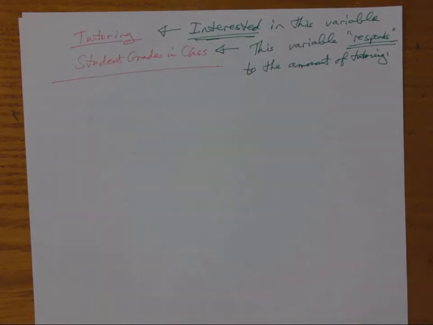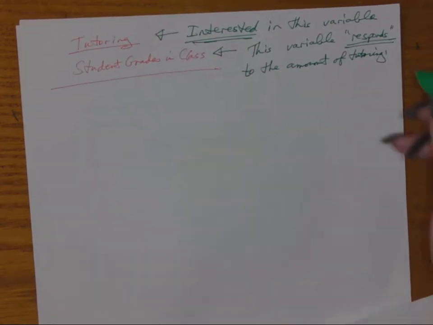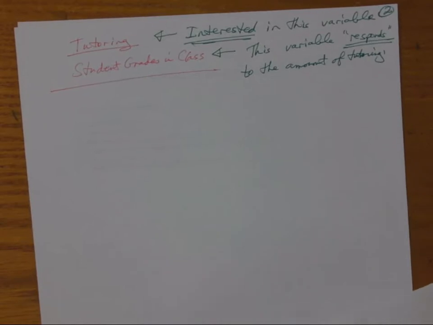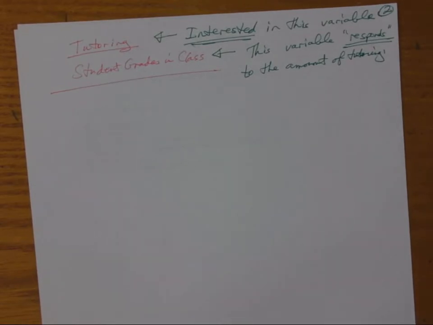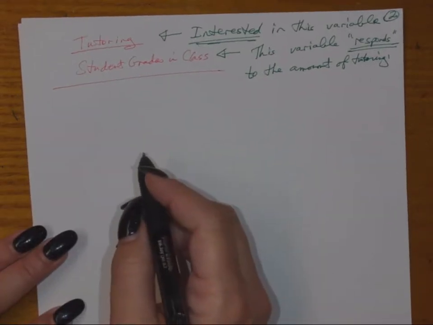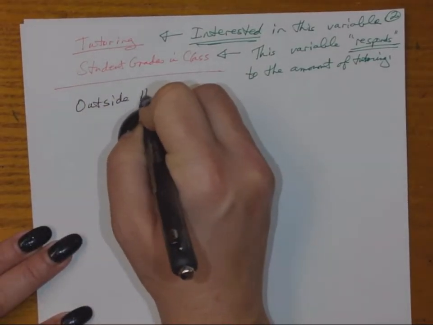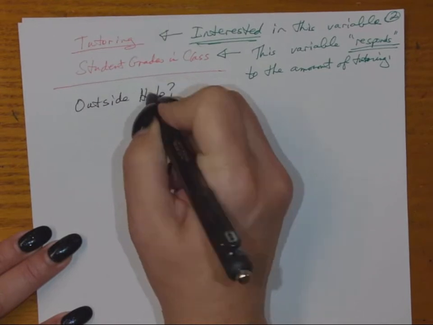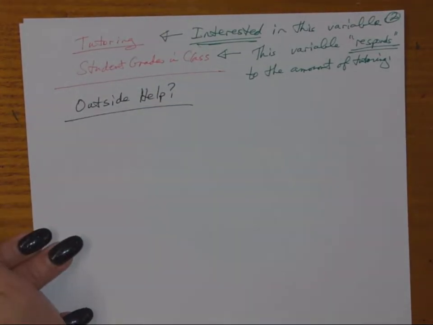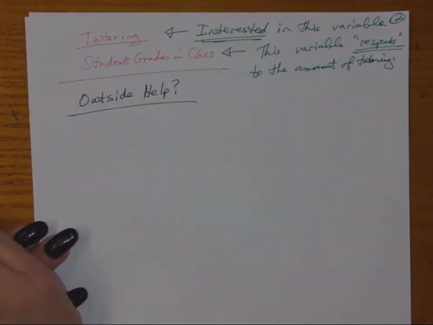So, but there's a couple of other things that might be happening in here that, oh, maybe we need to take them into account. For instance, what if, I don't know, what if some student was getting outside help? Okay. What if their older brother is a math tutor or something like that?